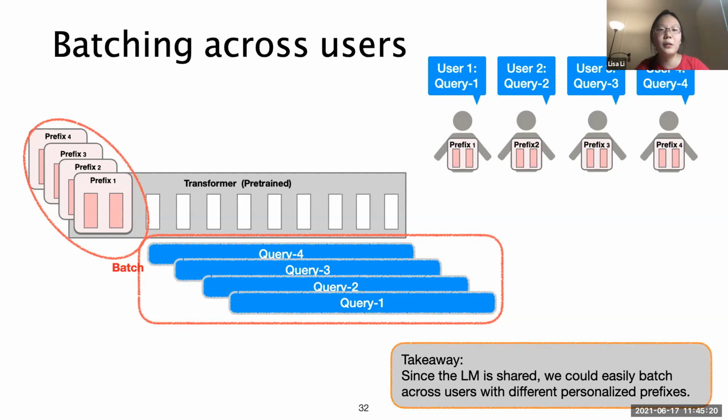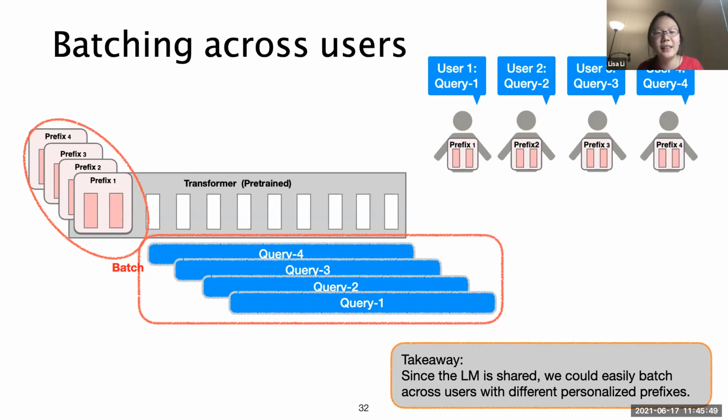But when it really gets to computing the activation vectors for the subsequent tokens, you could batch across prefixes because there is nothing that forces you to have exactly the same prefix in order to batch for transformers, if that makes sense. I think so. Yeah.